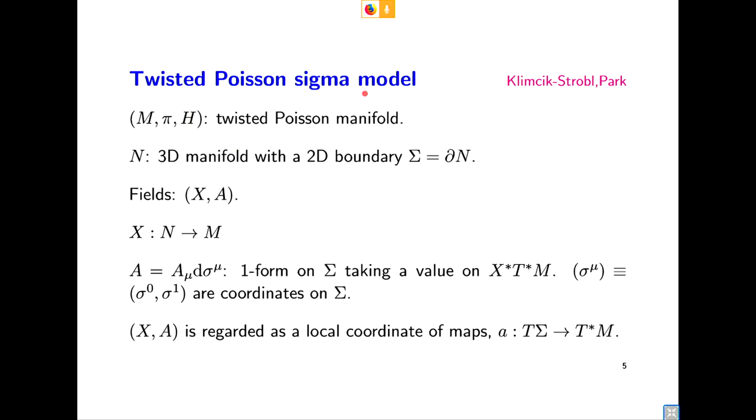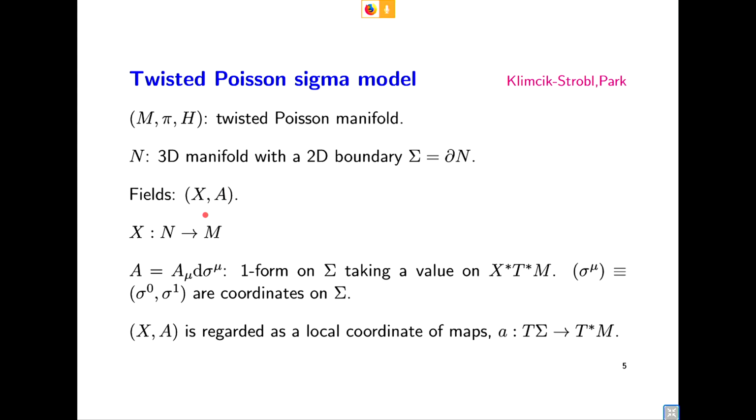Next, we define the twisted Poisson sigma model. Sigma model means a physical model from a mapping space of two manifolds. First, we consider the twisted Poisson manifold M, and we introduce another manifold N. This is a three-dimensional manifold with two-dimensional boundary Σ. The so-called fields are coordinates on the mapping space.